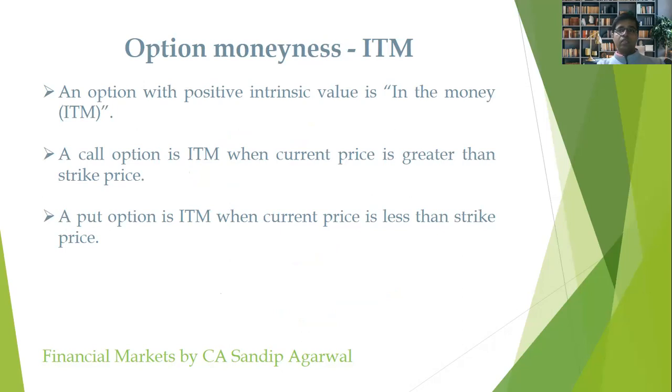The current price in this case was 18,000 and the strike price was 17,800, so the current price is greater than the strike price, and that 17,800 strike call option is treated as in the money. Vice versa, a put option will be treated as in the money when the current price is less than the strike price. If we consider the same strike price of 17,800 and the Nifty futures is trading at 17,600, then 17,800 will be treated as in the money for the put option.